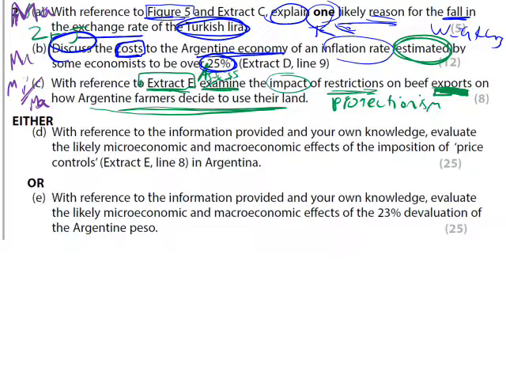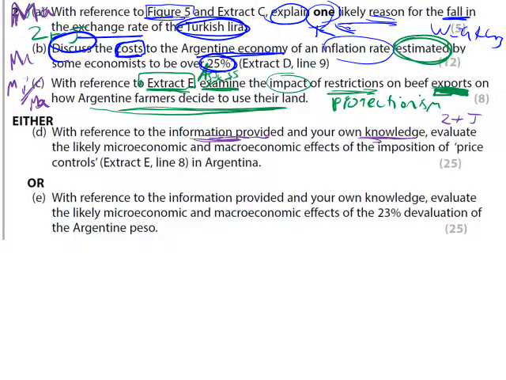Okay, then at the last part, you'd have your choice between the 2 essay questions with reference to the information provided. So this is saying there's potentially some information in the case study that you want to use, but you could also use case studies that we've looked at over the year. Evaluate, so 2-sided and a judgment.